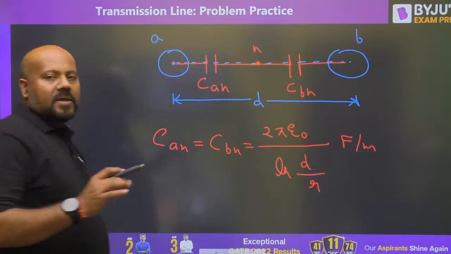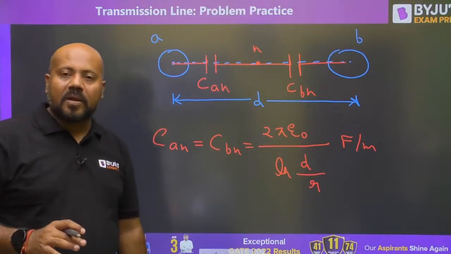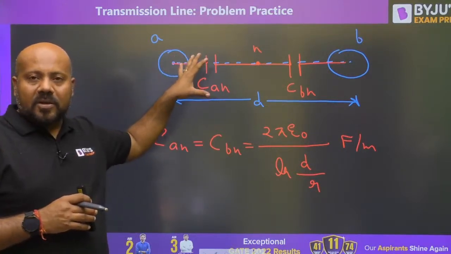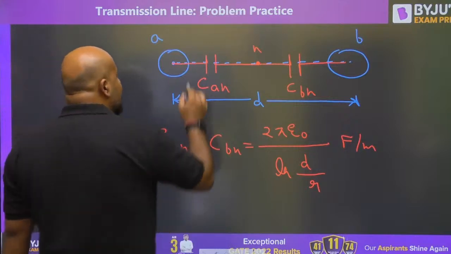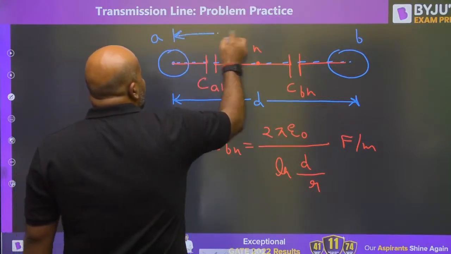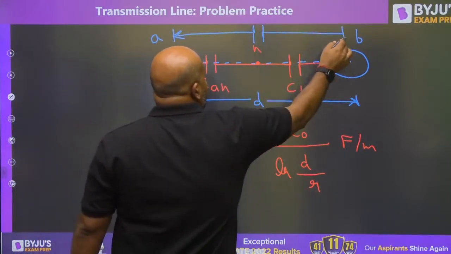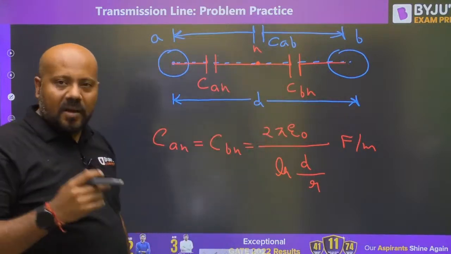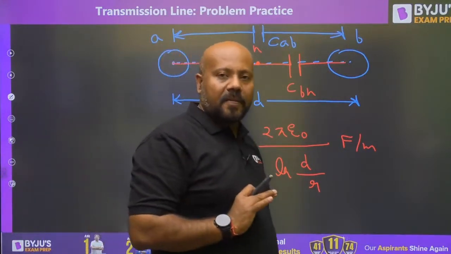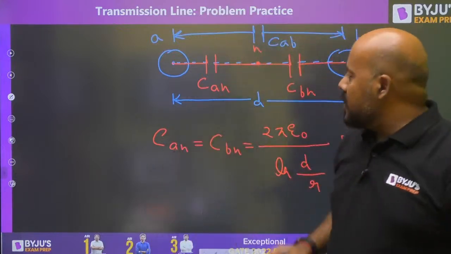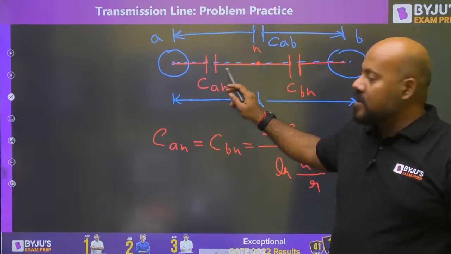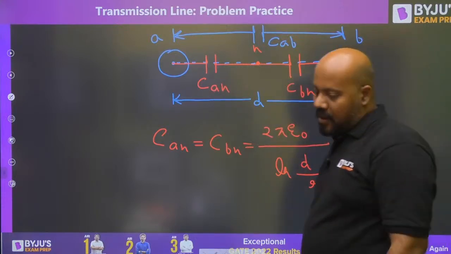But please try to understand, this question is not talking about the individual conductor capacitance. In the question he is talking about the line capacitance. This line capacitance is the capacitance between conductor A and conductor B, and this line capacitance is nothing but the series equivalent of capacitance CAN and CBN.